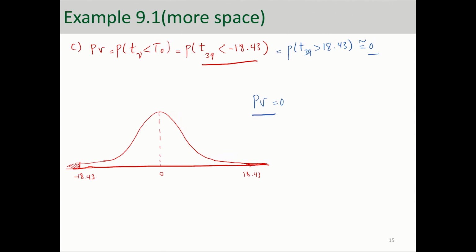You make a decision based on the p-value by comparing it with alpha. Alpha of the test is 0.05, and when your p-value is less than that, you reject the null hypothesis, which is the same decision we came to using the critical region.